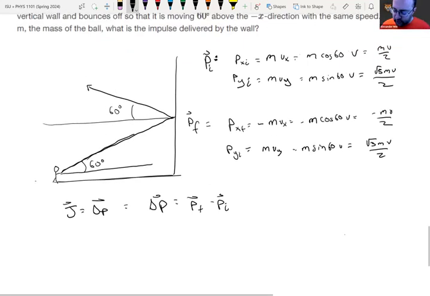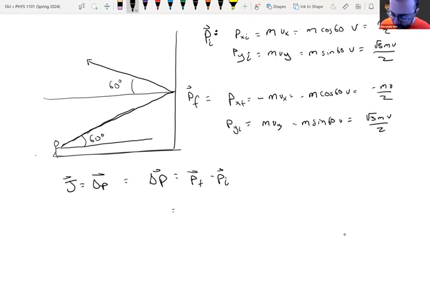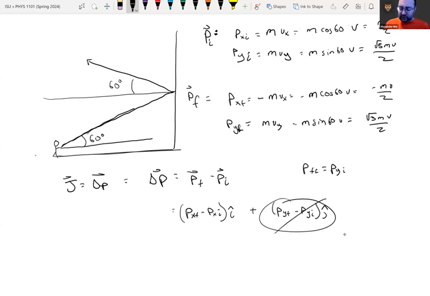So this is going to be px final minus px initial, in the i hat direction, the x direction. And then plus py final minus py initial in the j hat or y direction. Now, it turns out that py final equals py initial. So when you subtract them, this thing just goes to 0.